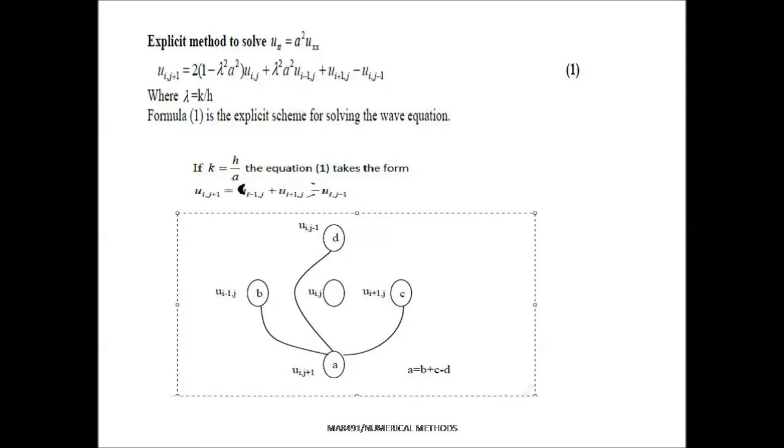We are going to find the value of a, and the remaining points are marked b, c and d. So to find a, the formula is b + c − d. Similarly, you can reduce it further if the conditions are properly satisfied.